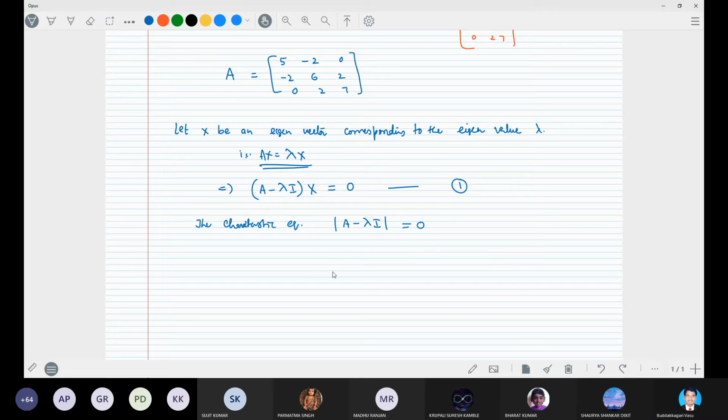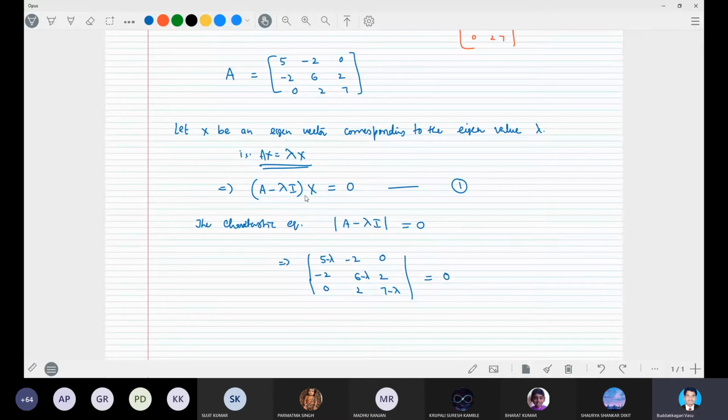That implies the determinant of A minus lambda I, writing 5 minus 2 0, minus 2 6 2, 0 2 7, which is 5 minus lambda, 6 minus lambda, 7 minus lambda, is equal to 0.